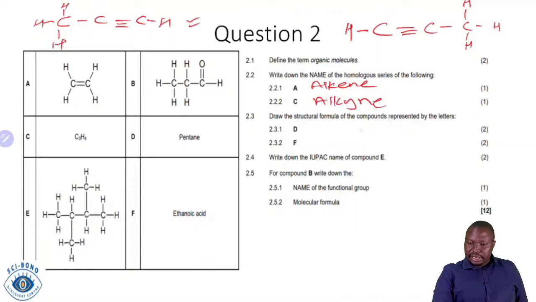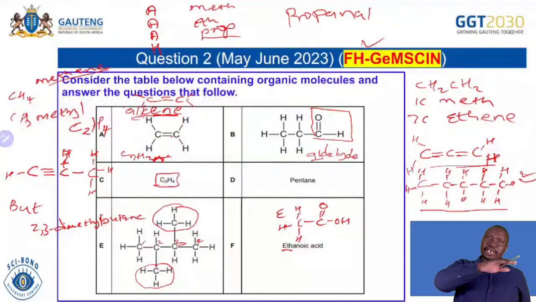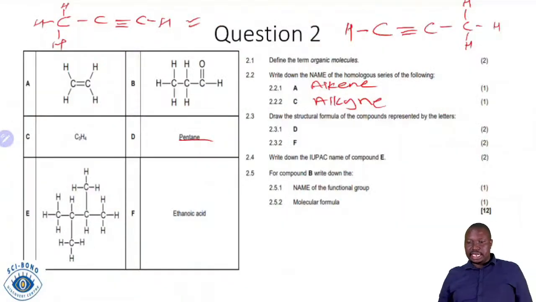Now they are saying draw the structural formula of the compound represented by letter D. We've done it already. We've drawn the structural formula of pentane here. You're just doing that. You're collecting your 2 marks. You'll write the 5 carbons and you show all the bonds as you move with the structure like that.